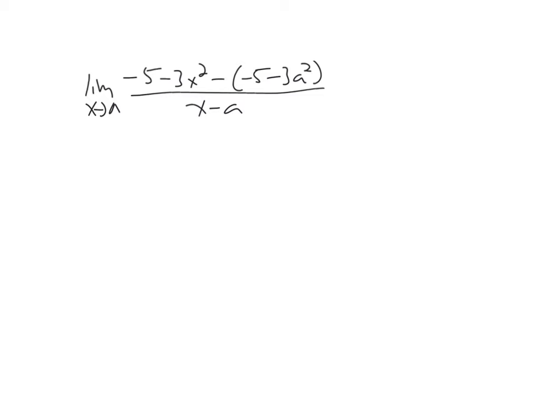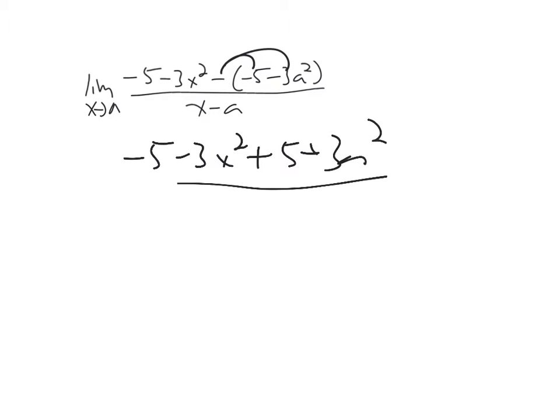Because if I substitute an a now, I get 0 over 0. So I need to remove that discontinuity. It's a removable discontinuity. So let me get a pen going here. Negative 5 minus 3x squared, and then you distribute that negative through. So that gives me plus 5 plus 3a squared, all over x minus a. And of course that 5 and that 5 cancel out.